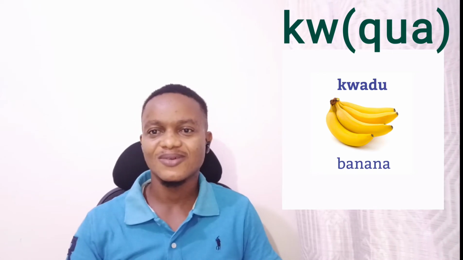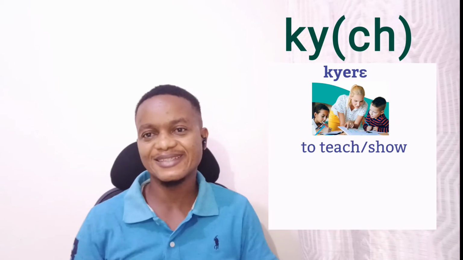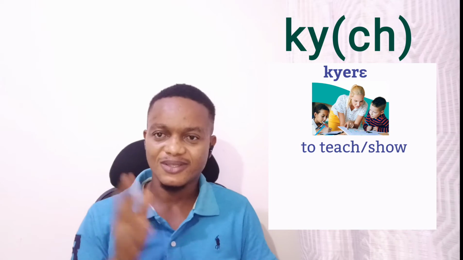Good. Now we move on to the next digraph, which is the k and y. And they sound as ch. So they sound like ch in English, like chair, children. So the key word here is kyerɛ.